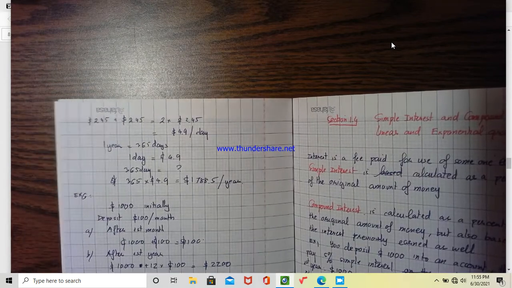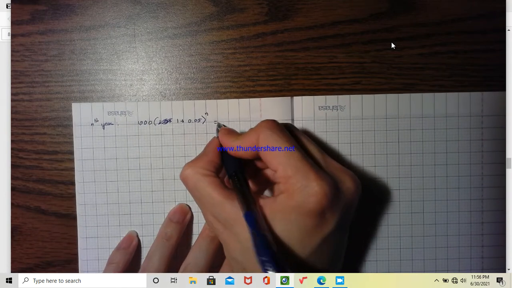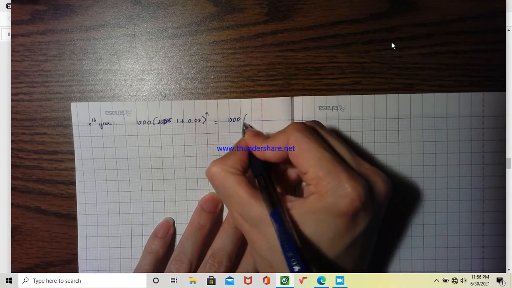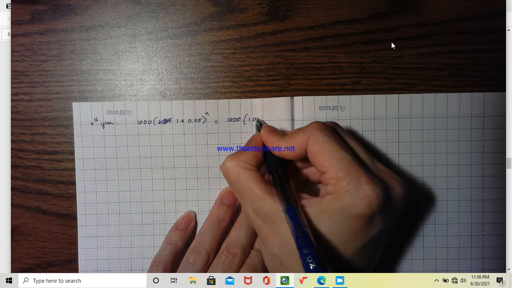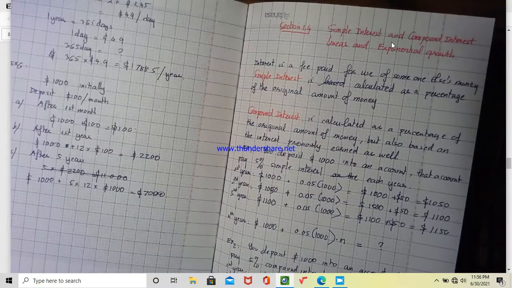So 1 plus 0.05 is 1.05 raised to the n, which gives you 1,000 times 1.05 raised to the n.